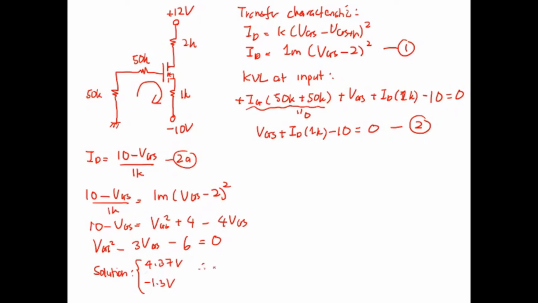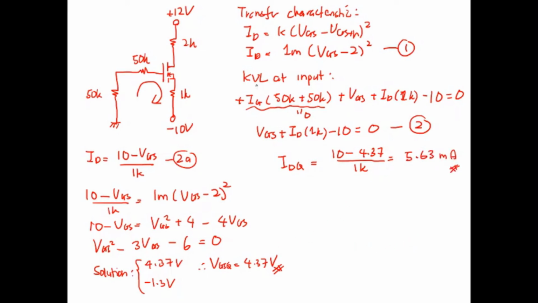So VGSQ is equal to 4.37 volt. And then IDQ can be calculated from equation 2a. IDQ is (10 minus 4.37) over 1K, which is equal to 5.63 milliampere. This is the answer.